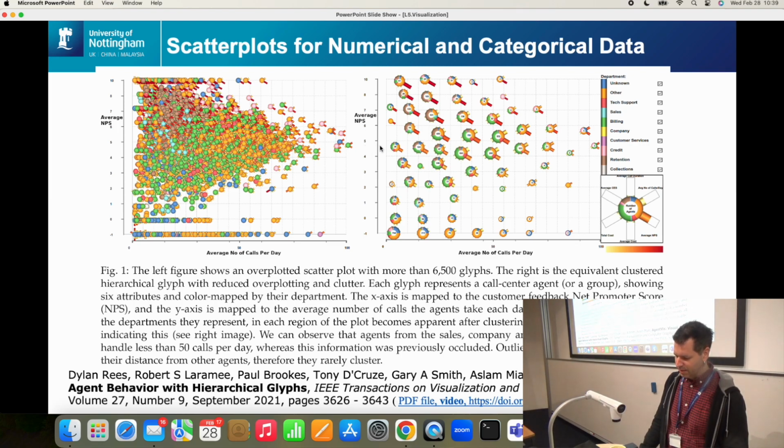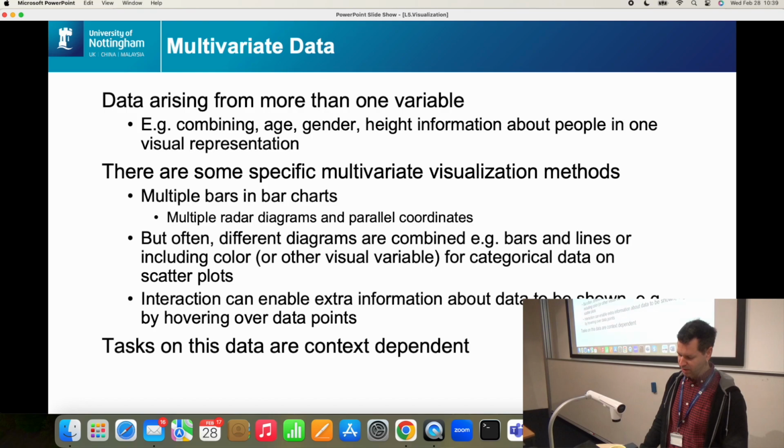Each glyph represents a group of agents in a call center, and the color represents the department they work in. So there are lots of variables being represented at the same time. That's a multivariate data example with a multivariate visualization technique being applied.